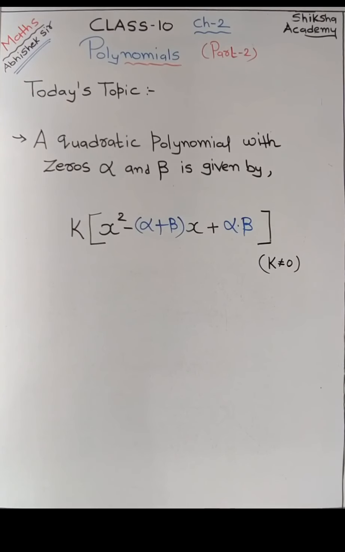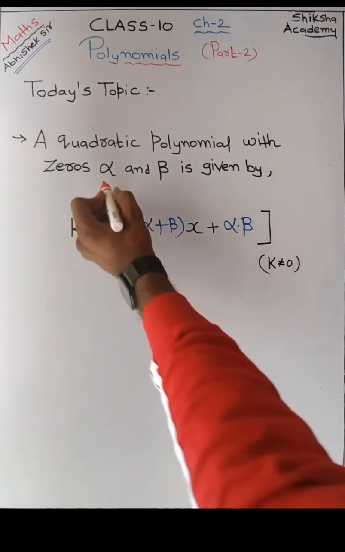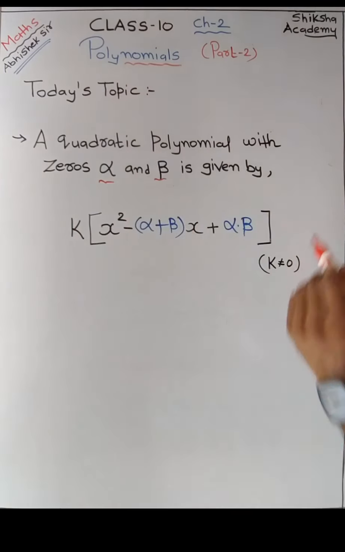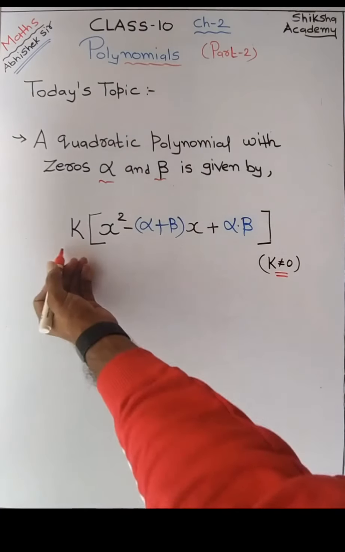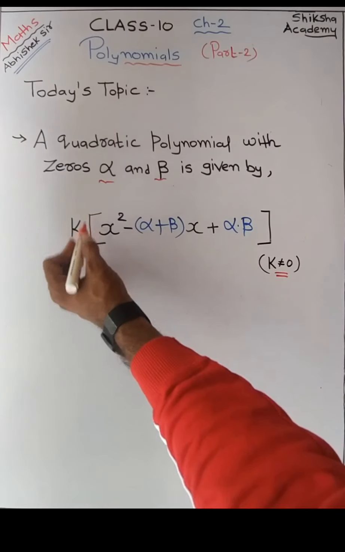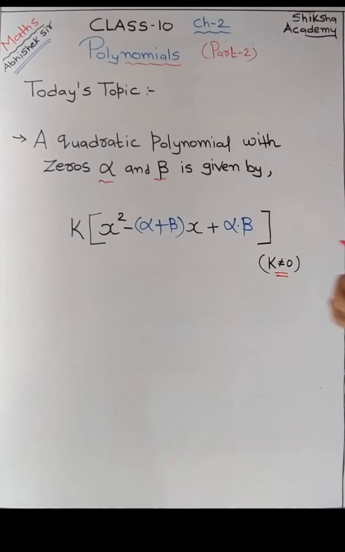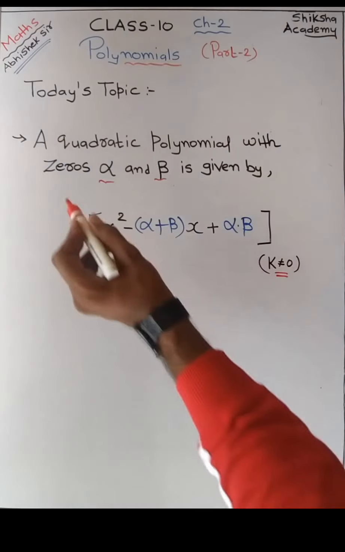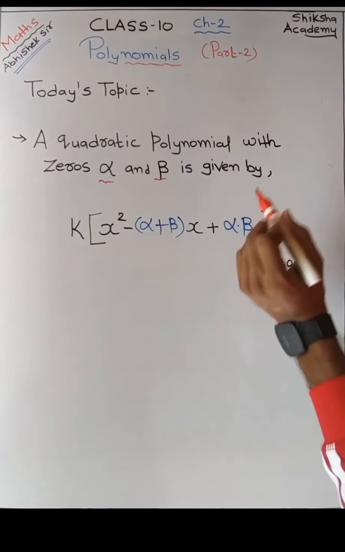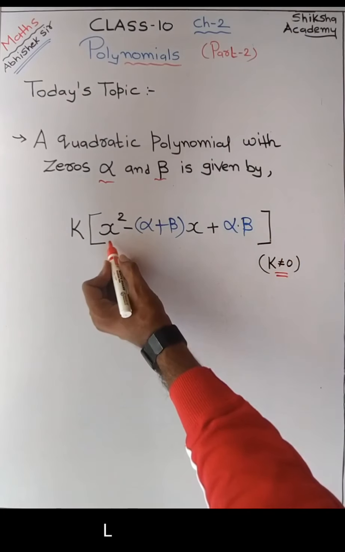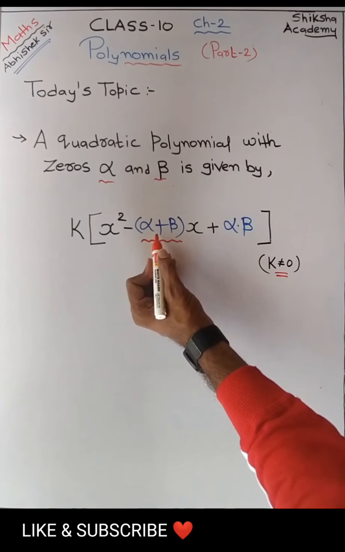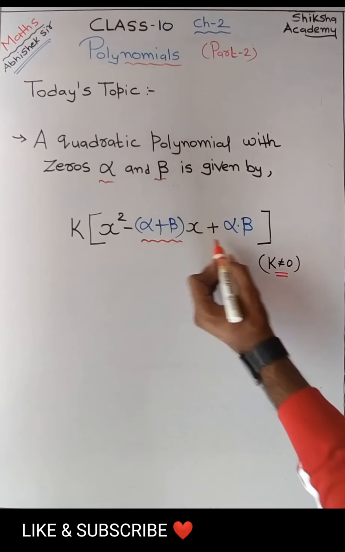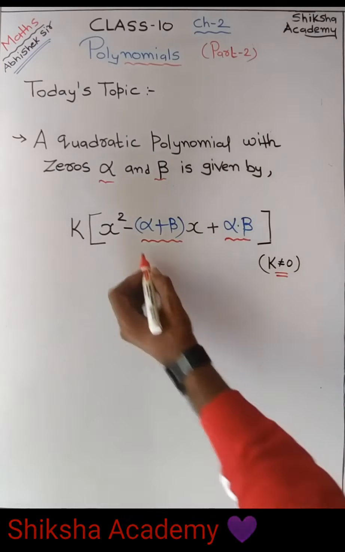Another important point that we are going to study today is that a quadratic polynomial with zeros alpha and beta is given by k, a constant that is written outside the bracket, right? Right now we'll be focusing on the inside of the bracket. So a quadratic polynomial with zeros alpha and beta is represented by x square minus, in the bracket, alpha plus beta, that is sum of zeros, into x plus alpha into beta, right?